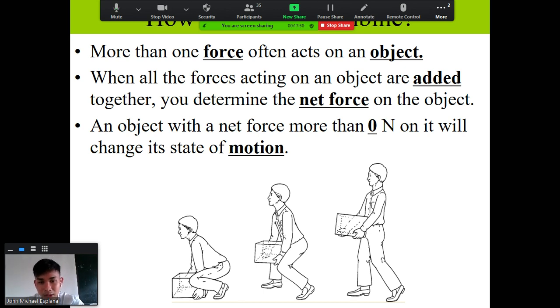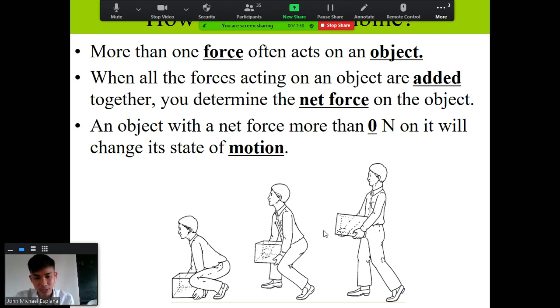Kapag more than 0 Newton yung resultant force or net force, merong change ng motion sa object, state ng motion sa object. Bumagal, bumilis, huminto, tapos nag-move. Yun yung apat na state of motion na sinasabi ko. A change in state of motion.